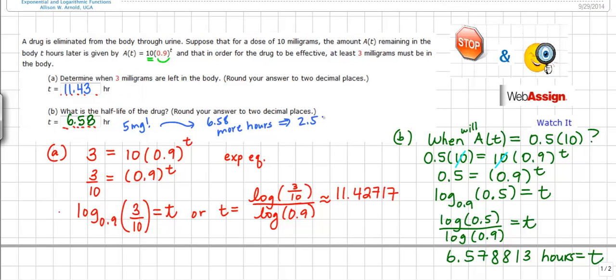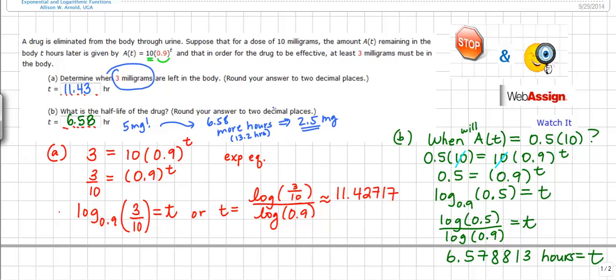I hope this makes sense to you guys. So it's a way of me checking myself. Okay, so 3 milligrams, it's not as far down the graduation as 2.5, and 6.58 times 2 is roughly 13.2 hours total, and so our numbers actually make sense.